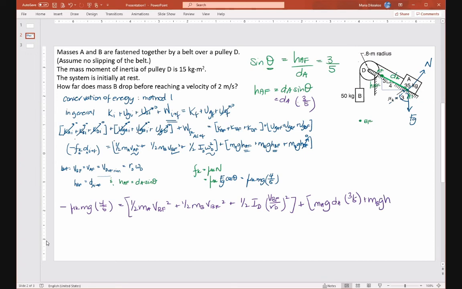Our HBF is our DA. And we don't have anything else. We pretty much took care of, oops, I forgot the D over here, guys. FKD. Just squeeze it in properly.